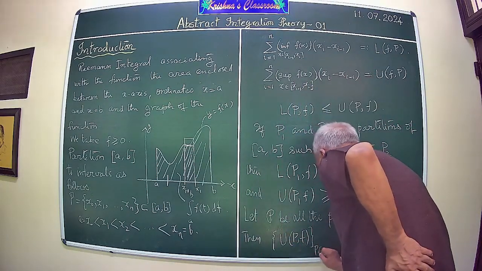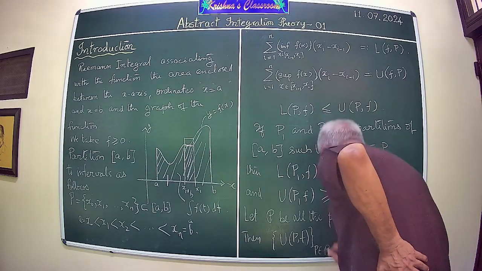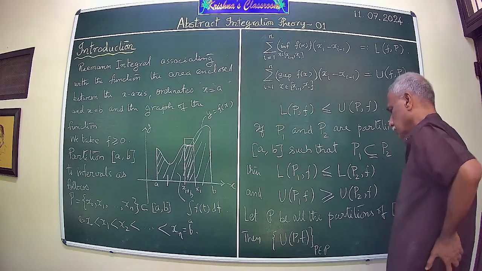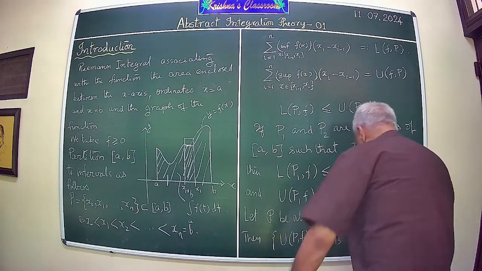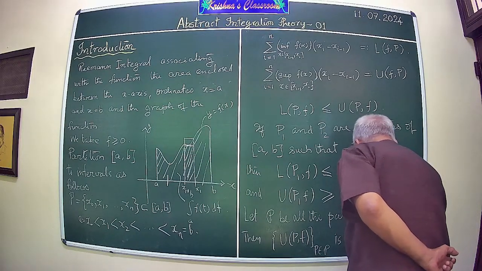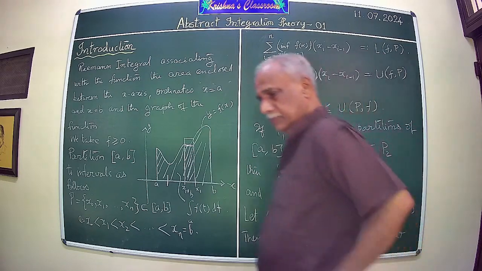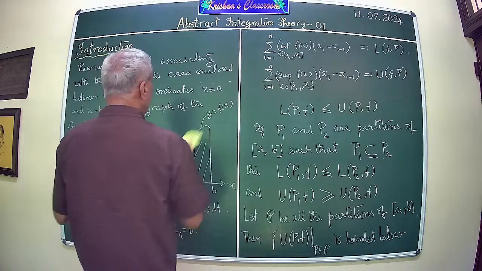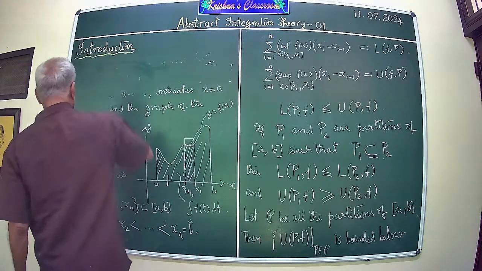Any upper sum is bounded below by a lower sum, needless to say, by any lower sum.